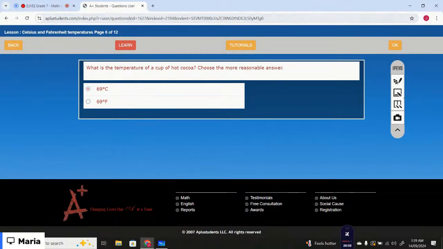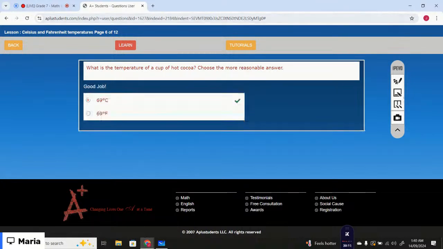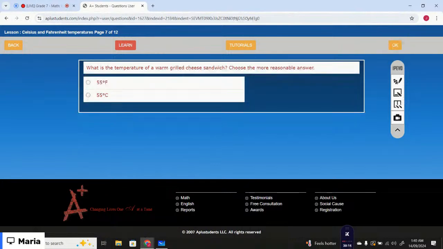Option number 1 is the correct option. What is the temperature of a warm grilled cheese sandwich? Which is the correct option?